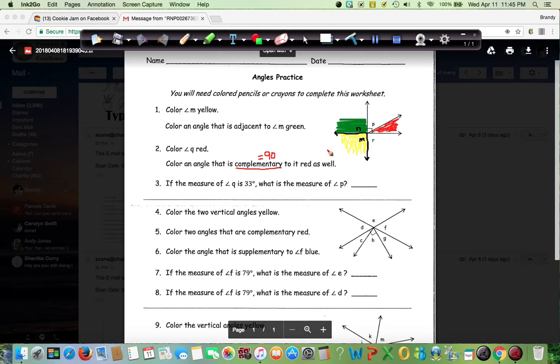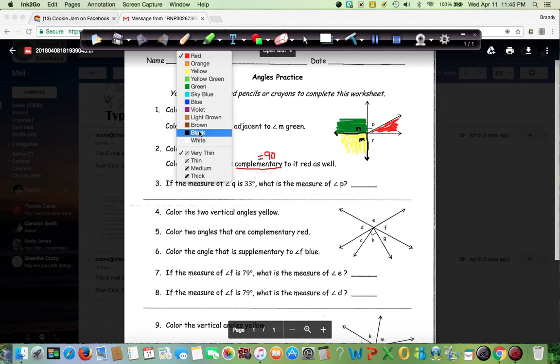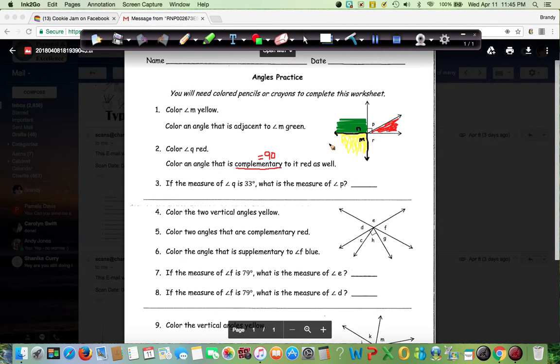So if we come over here, and remember, let's go back up here. If you remember, this is angle Q, and you see this guy right here? That's your 90-degree box. That's your right angle. So what makes this 90 degrees?